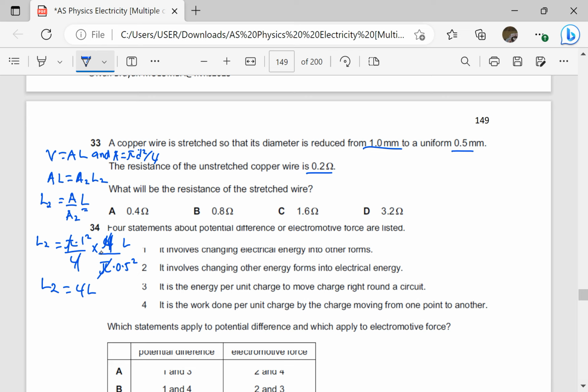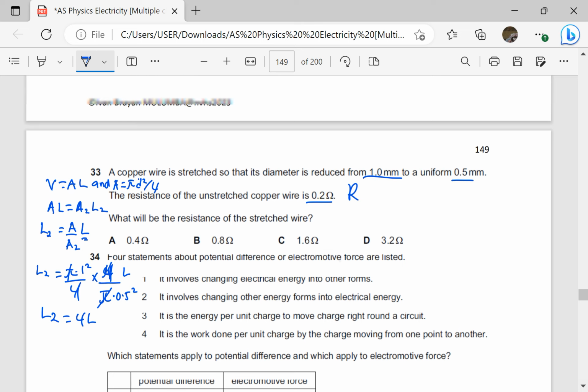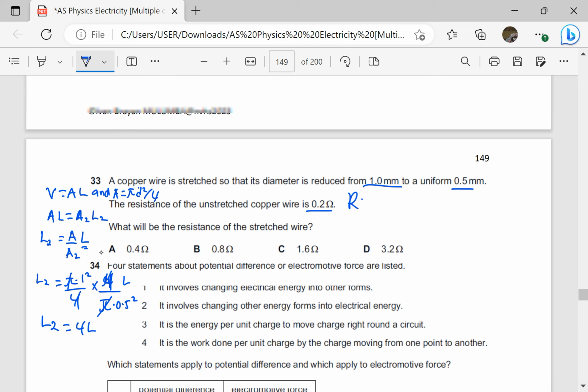Now let's find the resistance. Resistance of the first wire is going to be 4 rho L over pi d squared. For the second wire, I can even put in values, no problem.